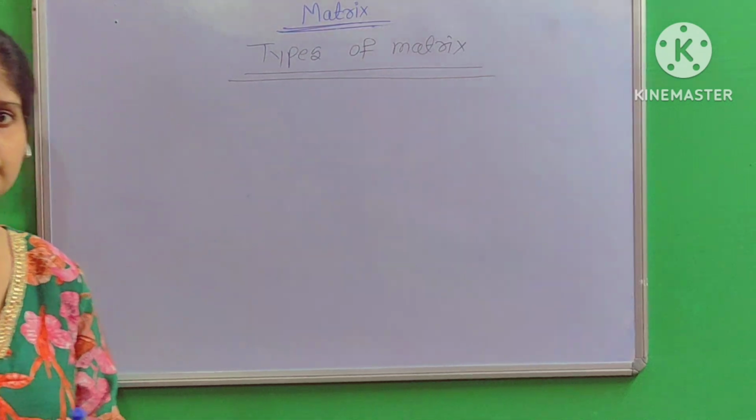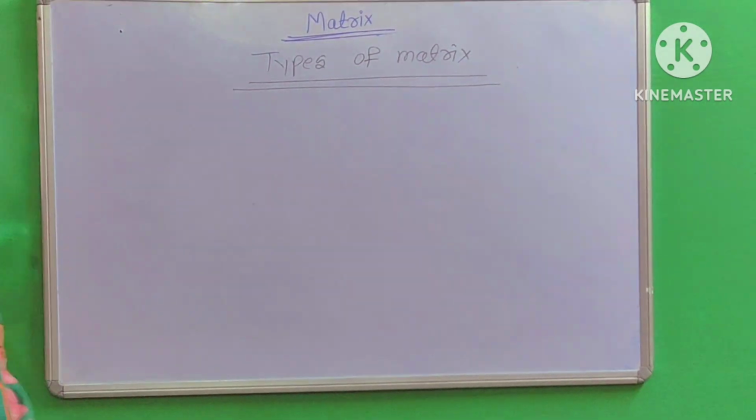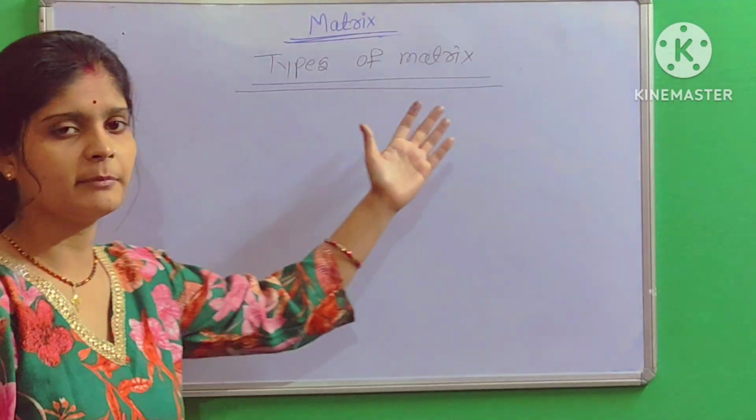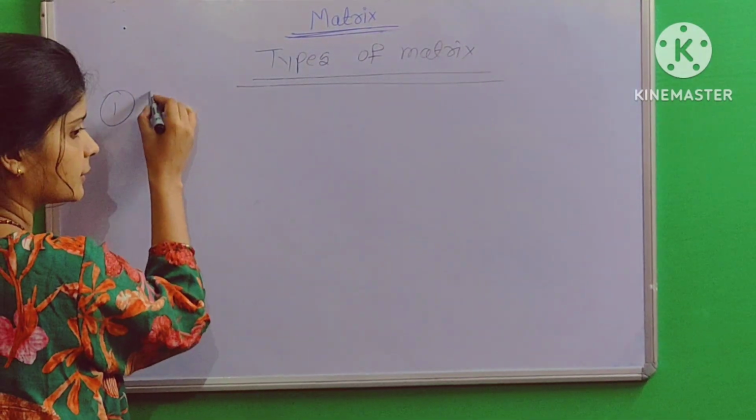Now we will talk about types of matrix. First type of matrix is the rectangular matrix.